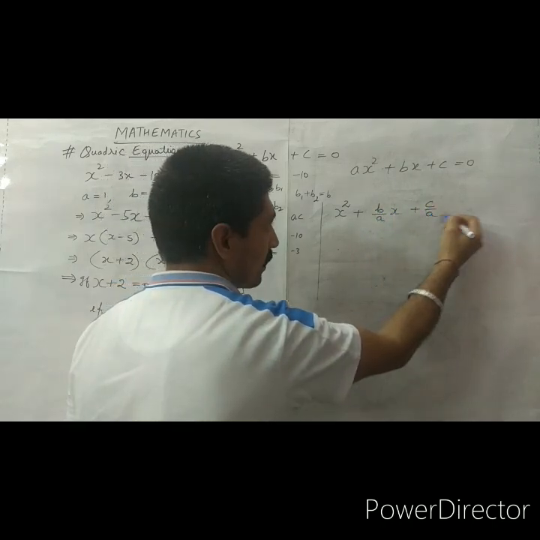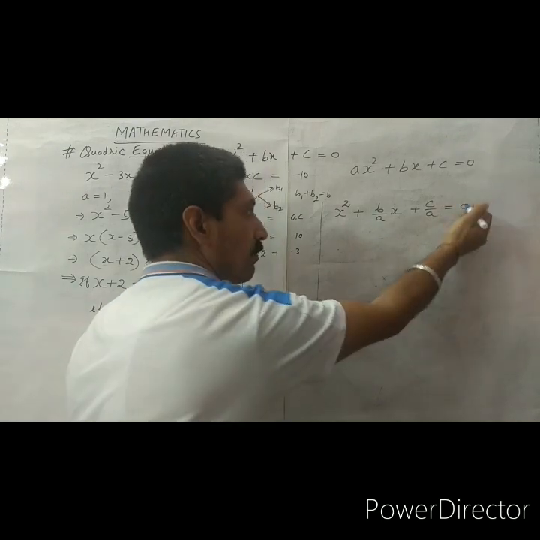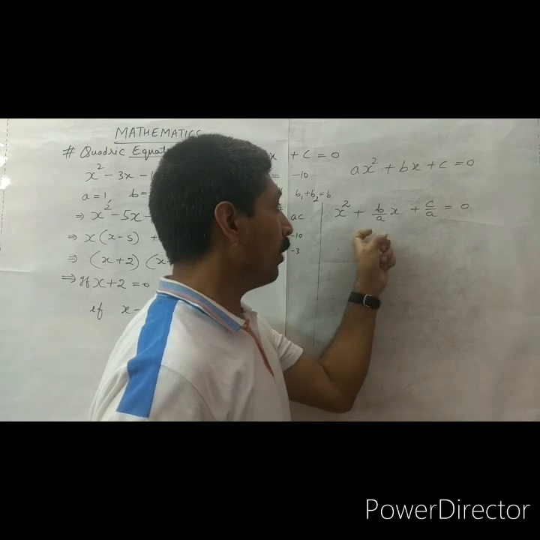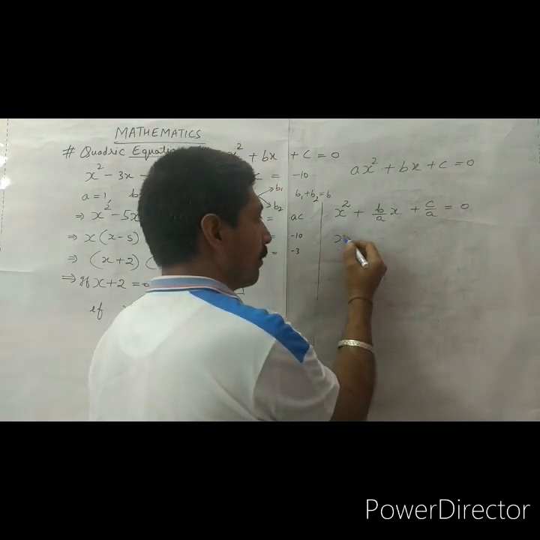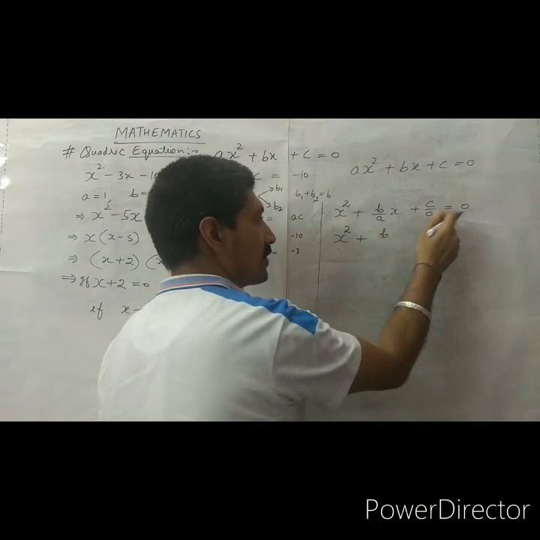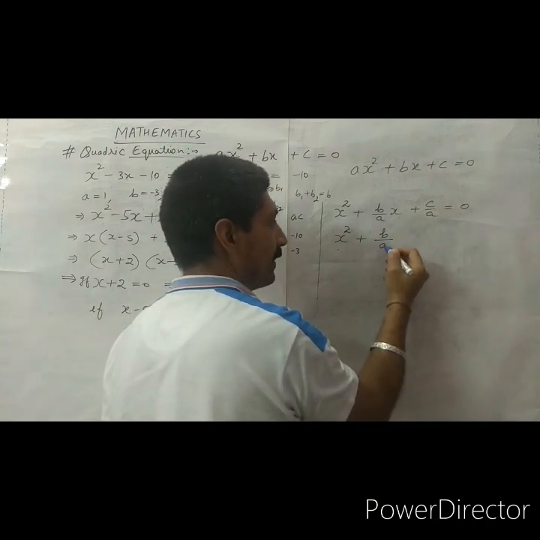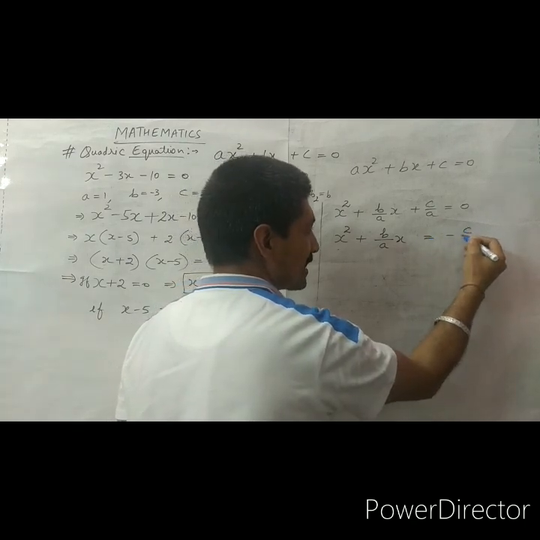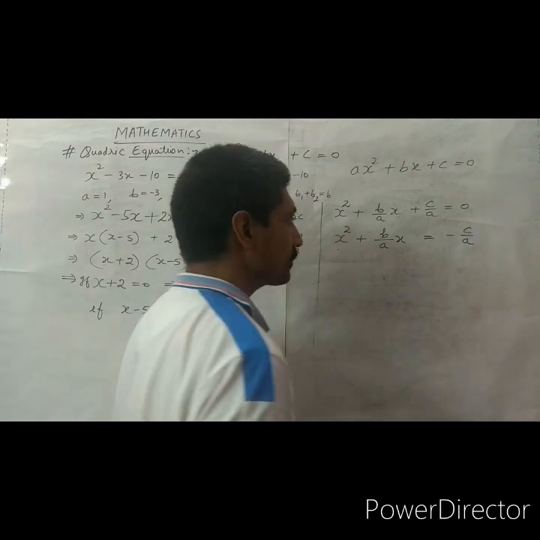In this way 0 will remain 0, 0 divided by a is 0. Now we can take this constant term to the right hand side, so we have minus c upon a.